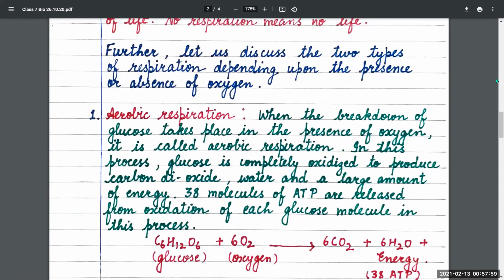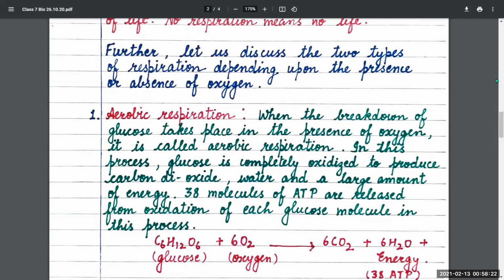Number one, aerobic respiration. When the breakdown of glucose takes place in the presence of oxygen, it is called aerobic respiration.